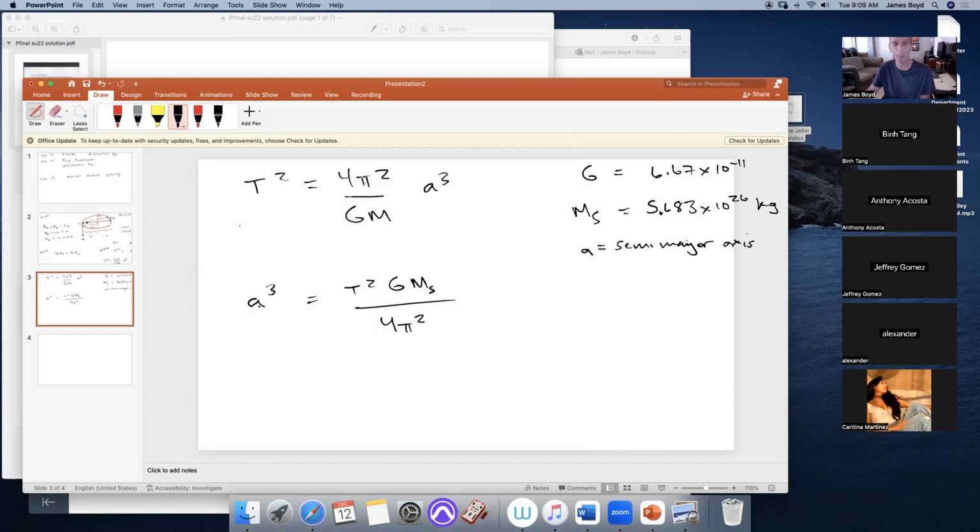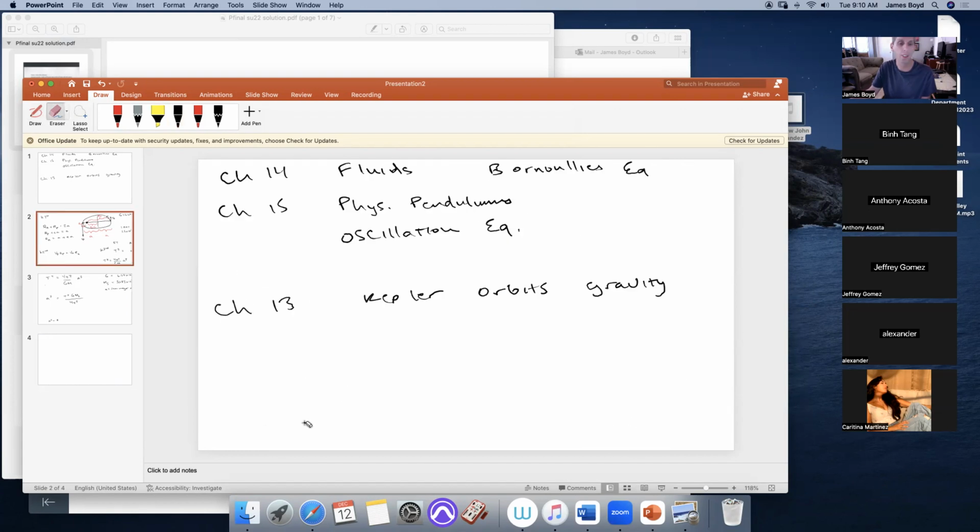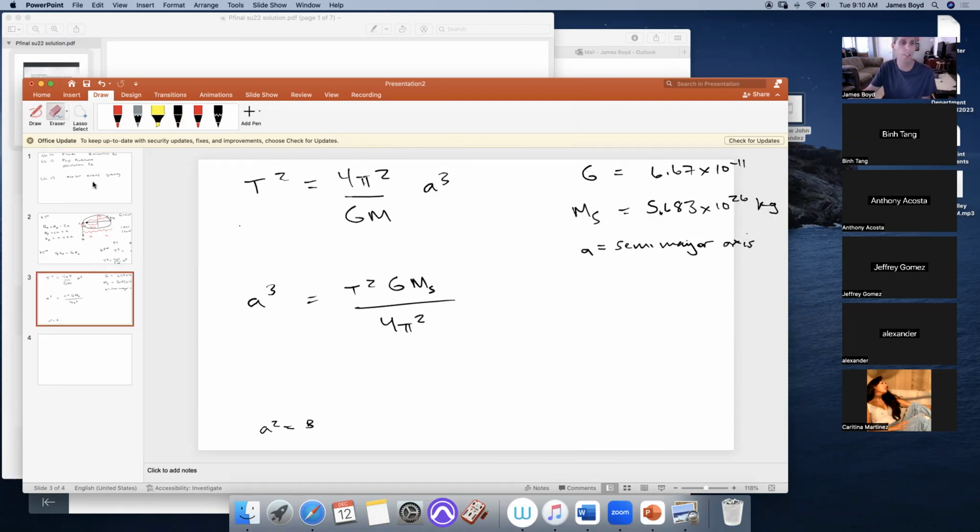To get rid of a third root, you've probably gotten used to doing A squared is equal to B, and then you take the square root. If you're not used to getting rid of thirds, you can raise this whole thing to the third power, and that gets rid of this third root.